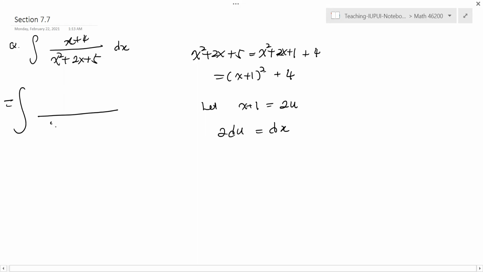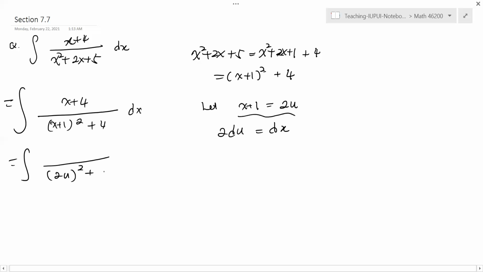Let me write that down first. And you know why we use this substitution? It's better, just one step, okay? Here will be 4u squared plus 4.